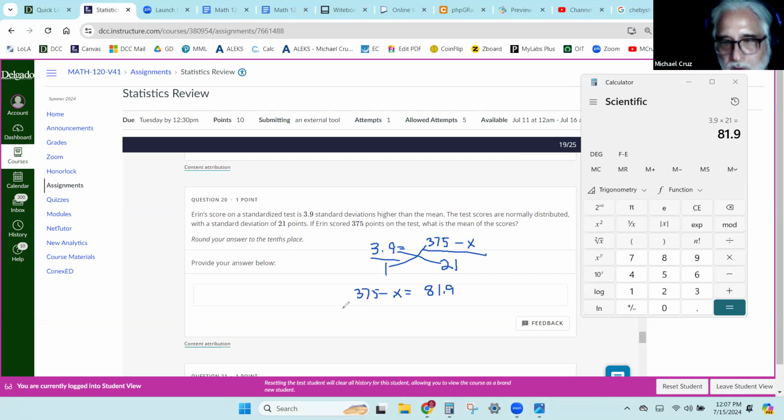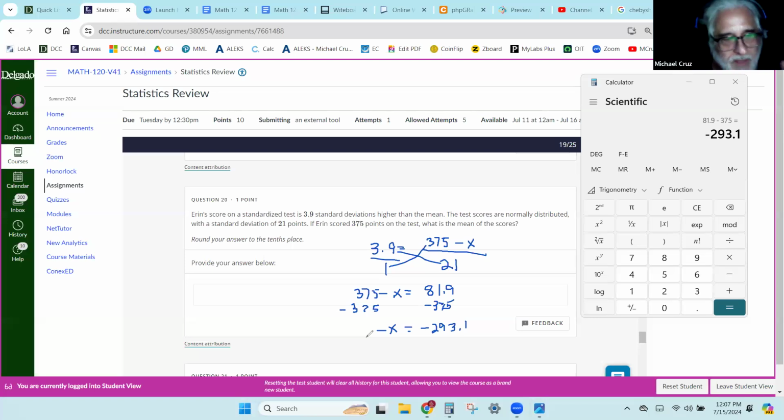All right, so then we're going to subtract 375 from both sides. So negative x is equal to negative 293.1.